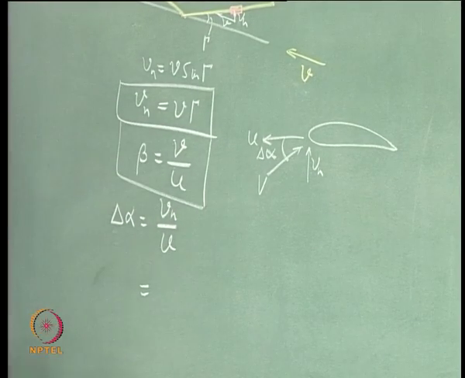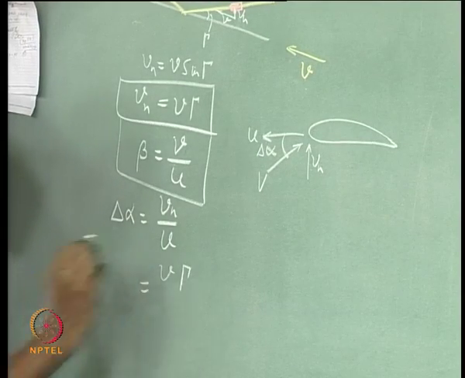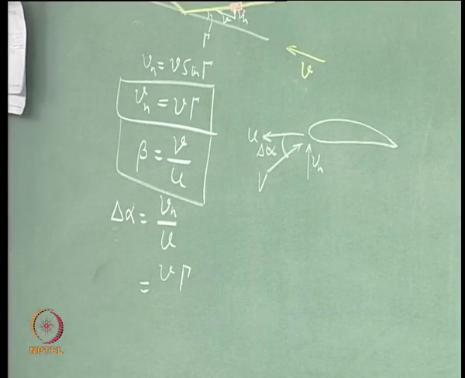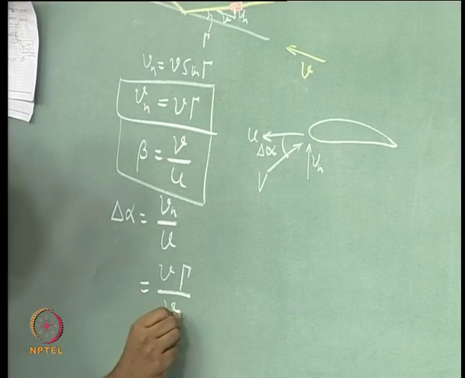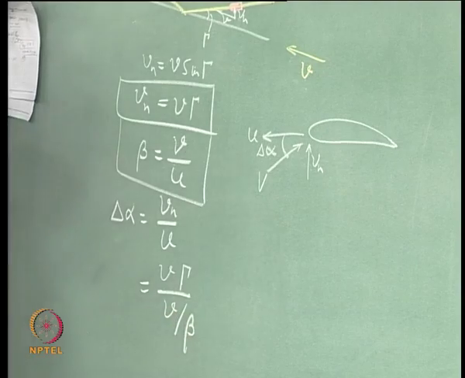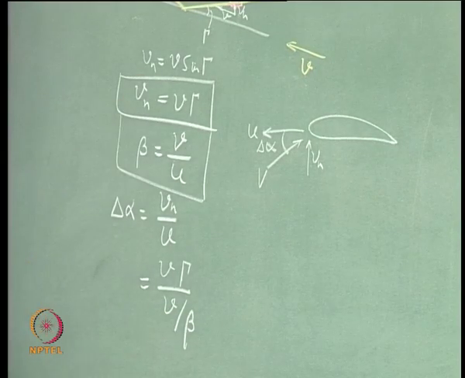Now, Vn is this, and U is this small v over beta. I am using these two expressions.